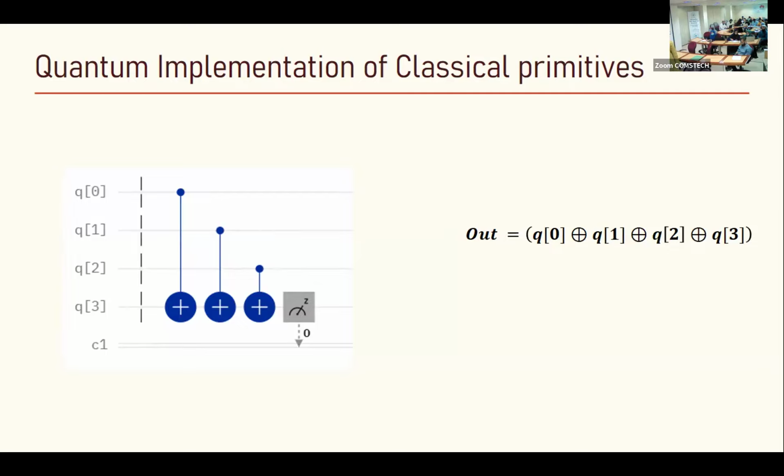Everyone with me? Q0 and Q1 XOR Q2 XOR Q3. So only the interaction between Q1 and Q2 would change and the rest of the circuit would be connected by the XOR function. Make the circuit.